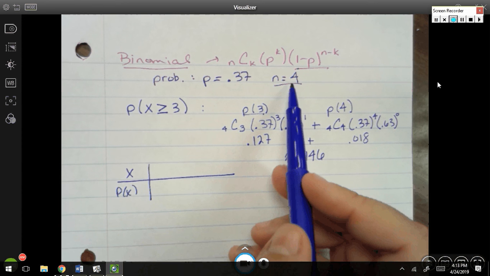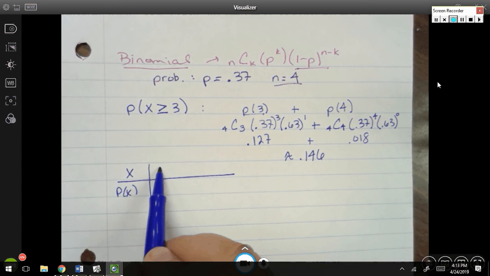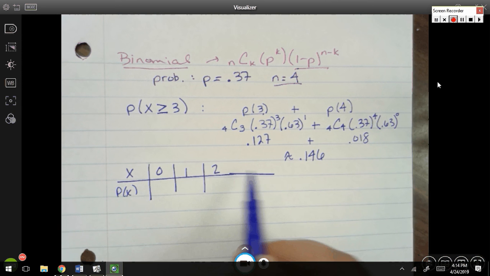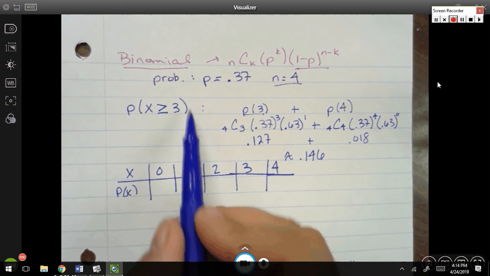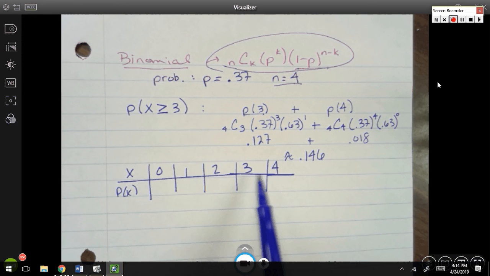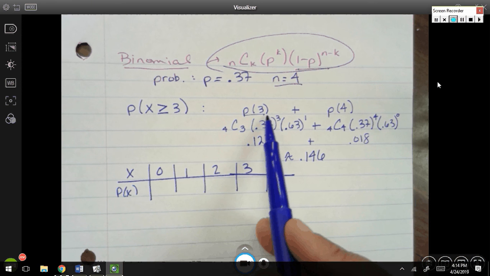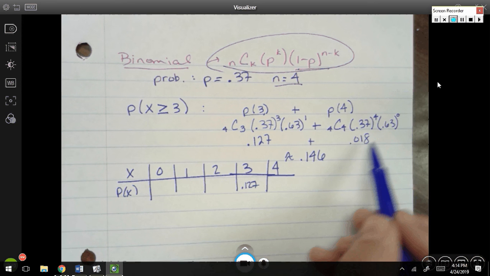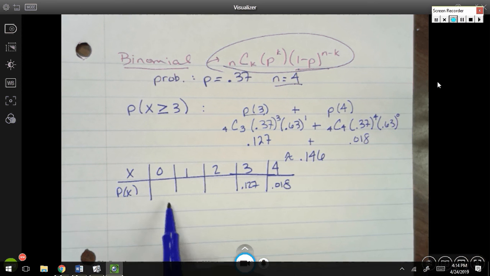If n is 4, that means my x could be 0, 1, 2, 3, or 4, and I'd have to use this same formula to find each particular value, right? We've already done it for 3, it was 0.127, and we did it for 4, it was 0.018, and you could go through and do these other 3, right? So it really doesn't matter if you're given a situation to set up or if you're just given some information.